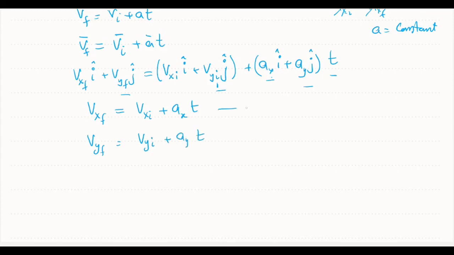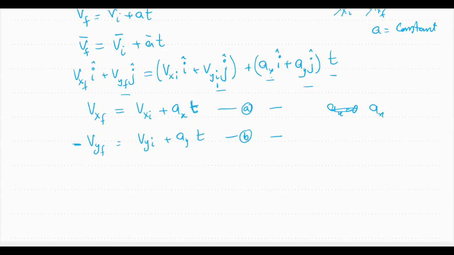So now we have two equations, say A and B, and these are the equations of motion, one in the x direction and this one in the y direction, and they're coupled together with time. So if an object has Ax equals 0, or any value of Ax, it will not affect the y component of velocity.